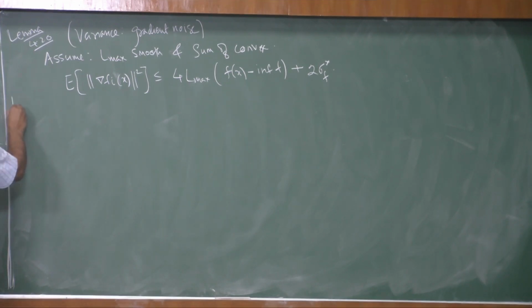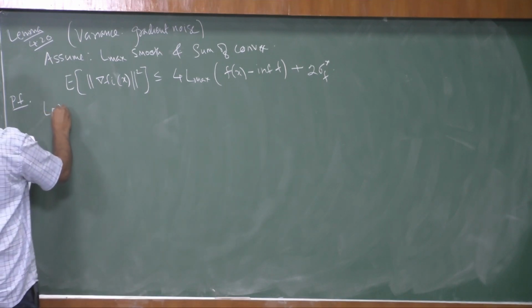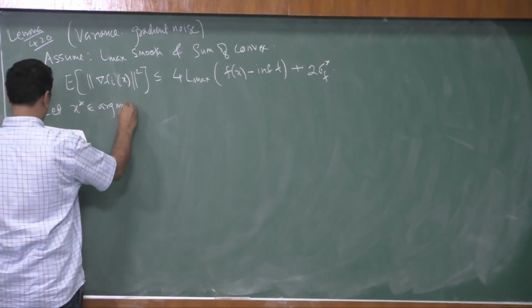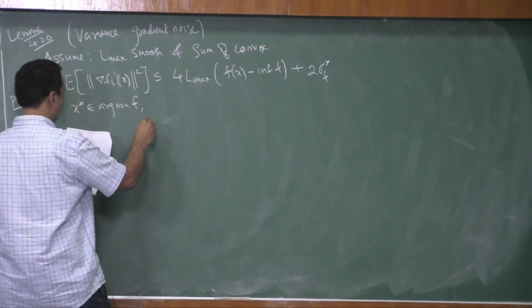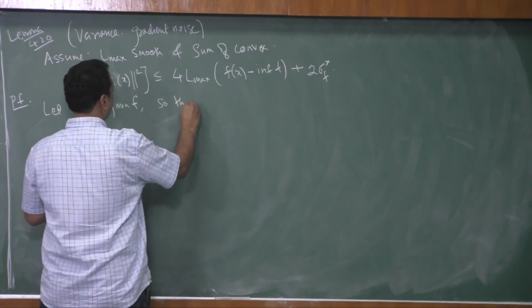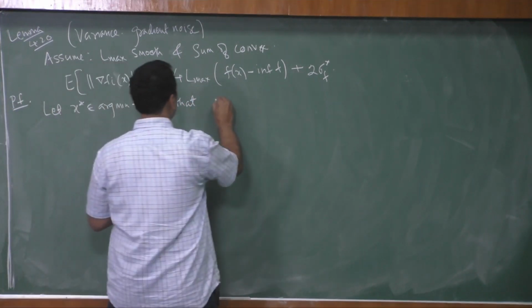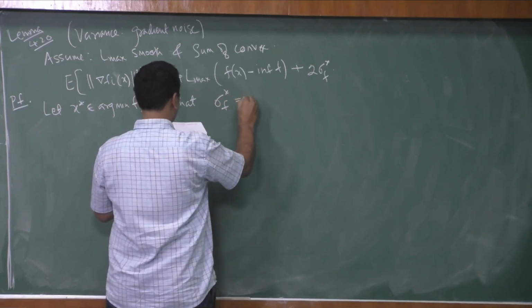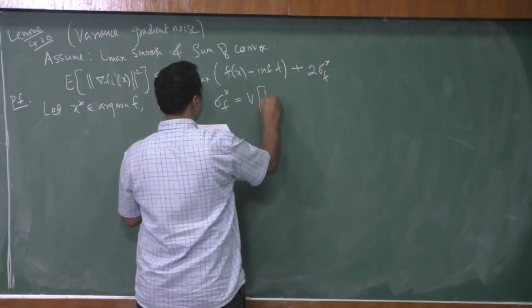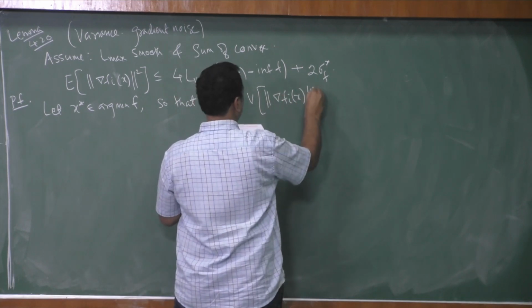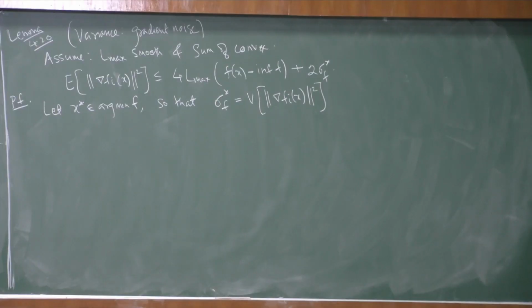So let x star be the arg min of f, so that we bring in the gradient noise, which is sigma squared f star, and this we recall is the variance of the gradient of fi at x star, whole squared.